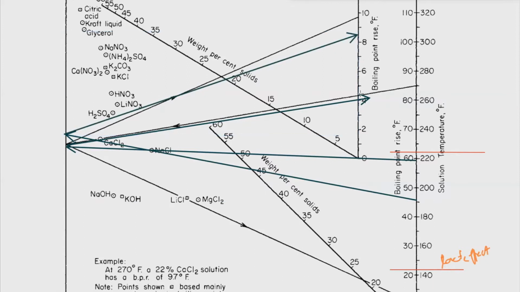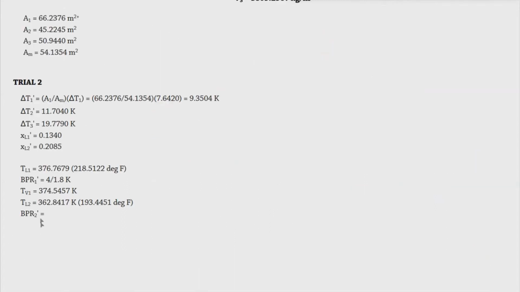As you can see, the boiling point rise is just around 8.1, I guess, or 8.2, because this one's 8.5. So let's just use 8.2. In that case, our boiling point rise should be 8.2 instead of 10. That's what our assumption was.